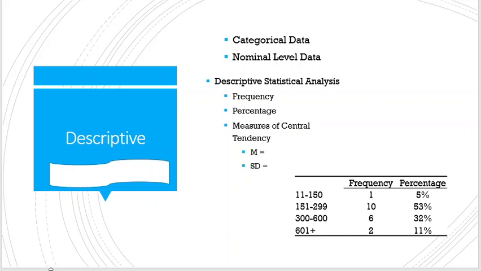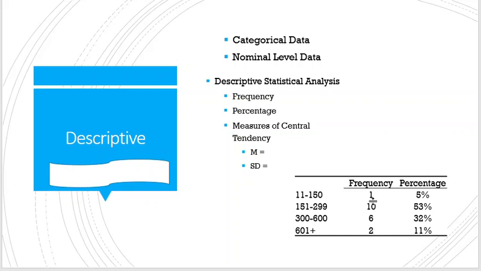So let's look at the descriptive first. Descriptive is categorical data. It is nominal level data. All I can do with this data I was looking at, these categories, is tell you how many people fell into the category of 1 to 150, how many fell into 151 to 299, how many people fell in the category of 300 to 600, and how many fell in the category of 600 plus.